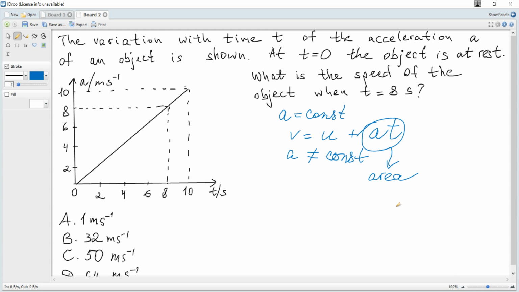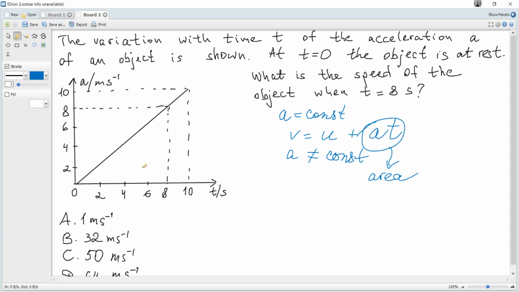We need the area from the acceleration-time graph, and it's the area under the curve and the t-axis. You should also take into account that when the curve is above the t-axis, area is positive. It's the same as an integral, which is positive when the curve is above the x-axis, and negative when the curve is below the x-axis.